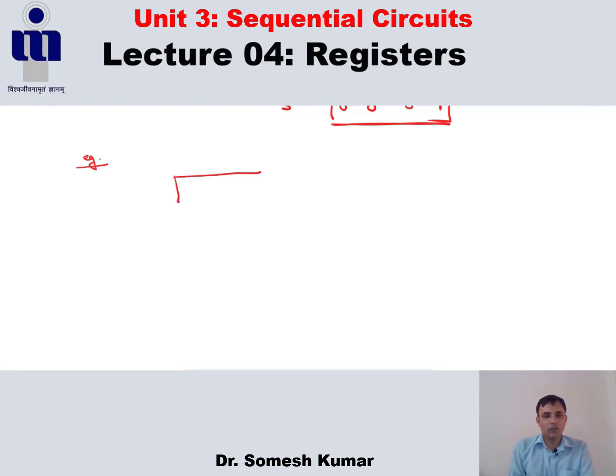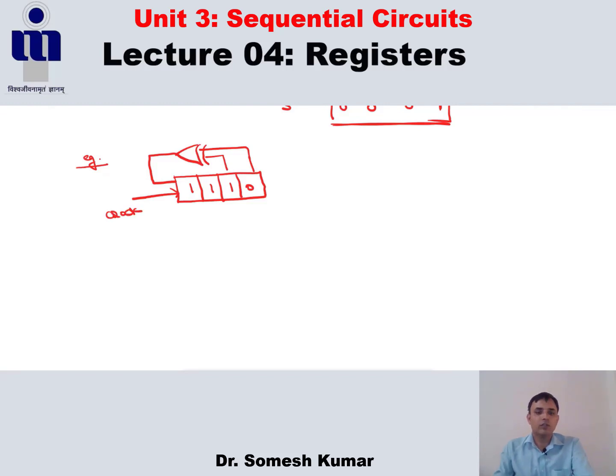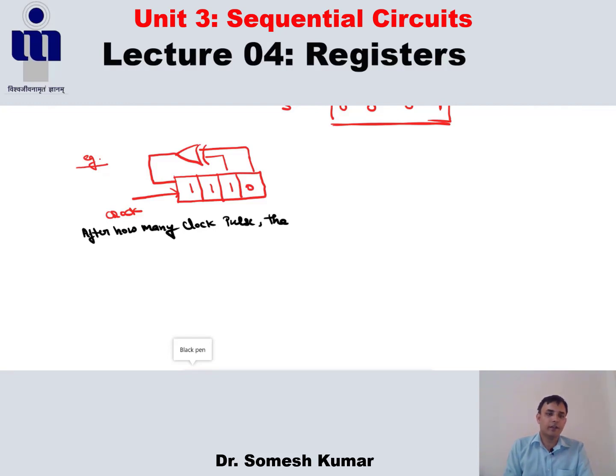This is our PIPO register, and initially it is loaded with 1110. The last 2 flip-flop outputs are connected with the help of an XOR gate and given to the input, and this is our clock pulse. Now we have to find after how many clock pulses the same data will be repeated.